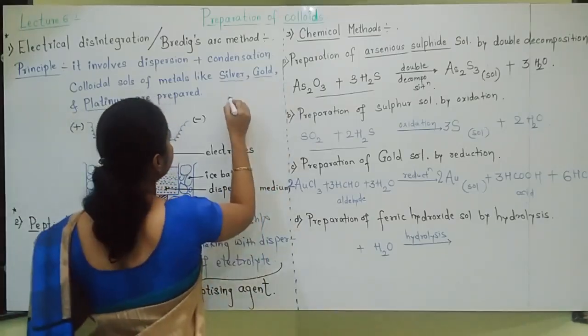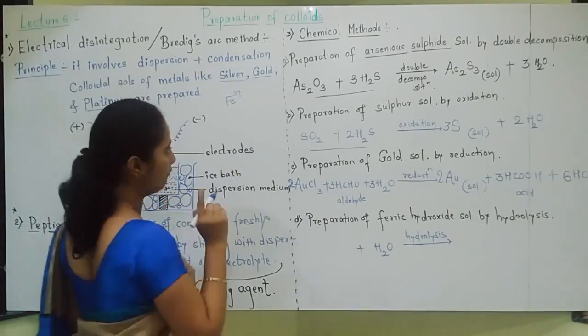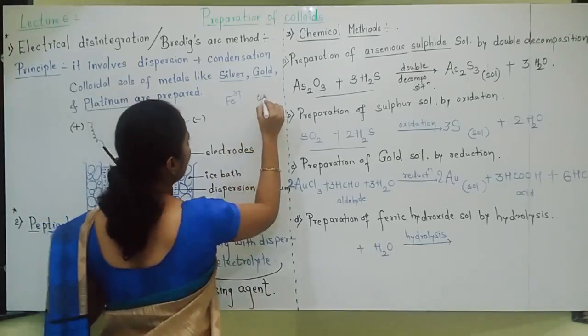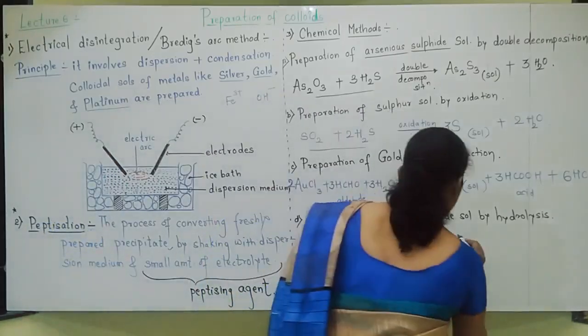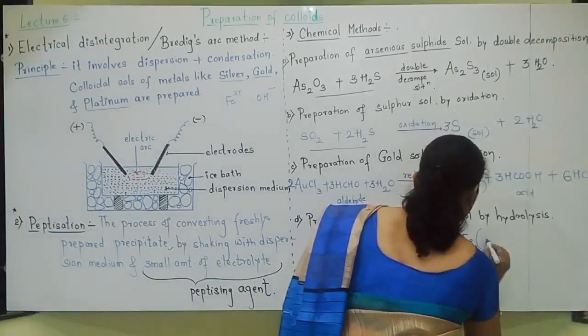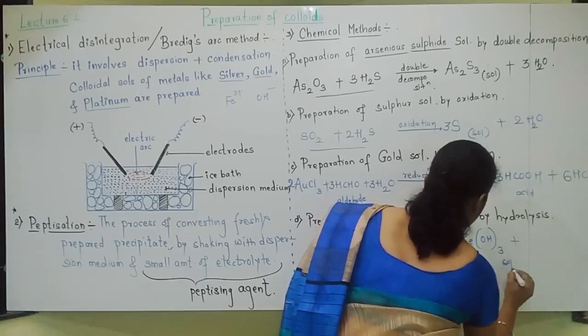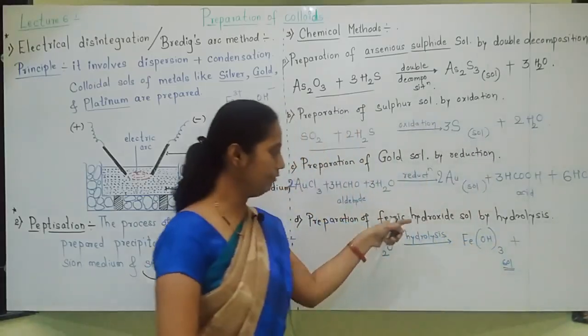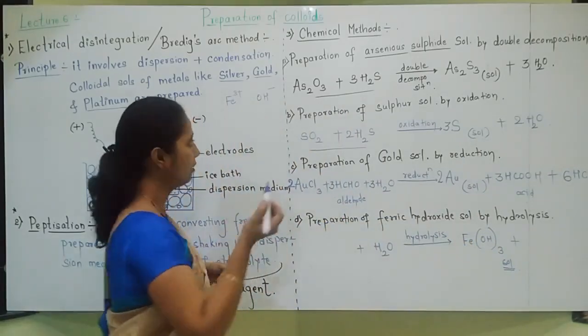Ferric is Fe3+, Fe2+ becomes ferrous. Take hydroxide OH minus. So ferric hydroxide formula becomes Fe(OH)3 sol. Okay, ferric hydroxide sol is prepared from ferric chloride.